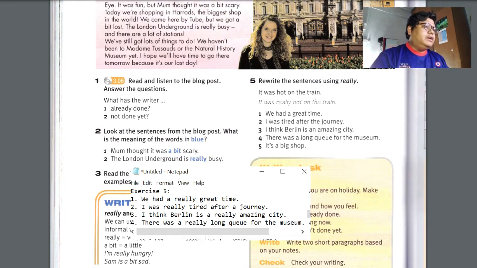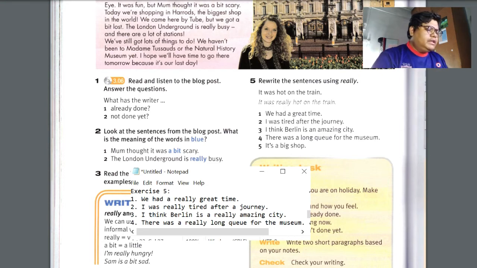Okay, and finally, number 4, there was a long queue for the museum. Okay, so we can say there was a really long queue for the museum.